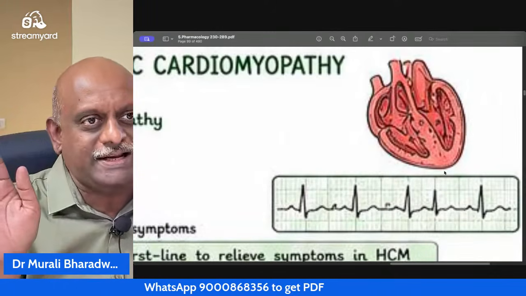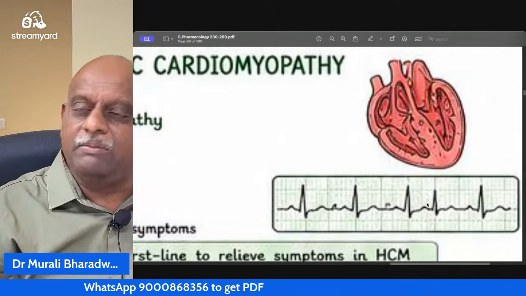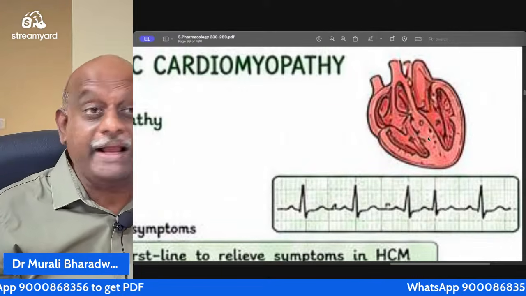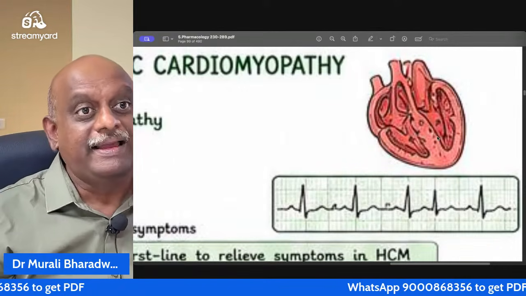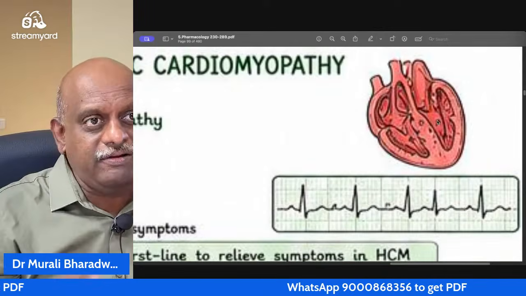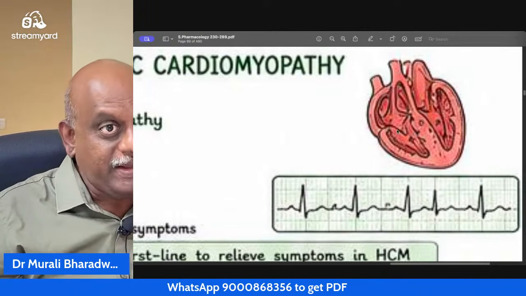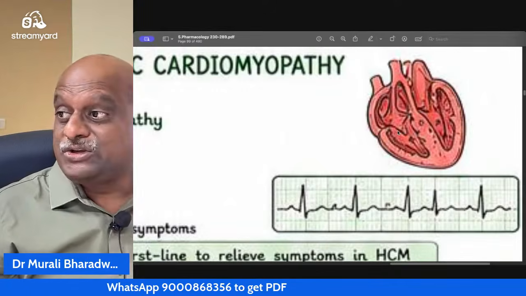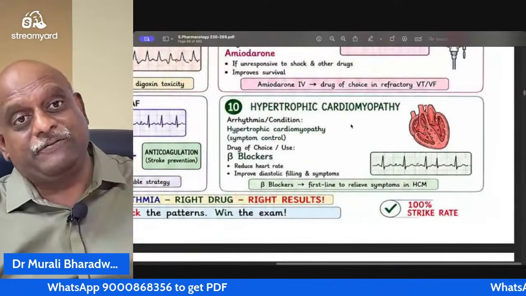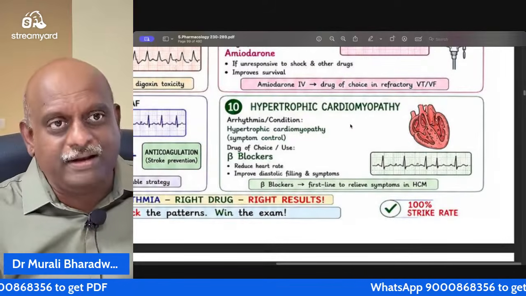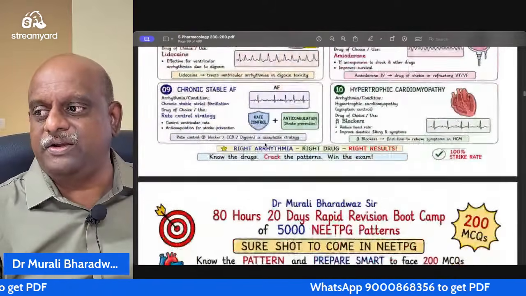So don't give digitalis. Why beta blocker? If you give a beta blocker, heart rate decreases, diastolic filling time increases. So more filling will stretch it more. Touching is less, obstruction is less. So typically in hypertrophic cardiomyopathy, what is the drug of choice? Beta blocker, never digitalis, is what you need to remember.